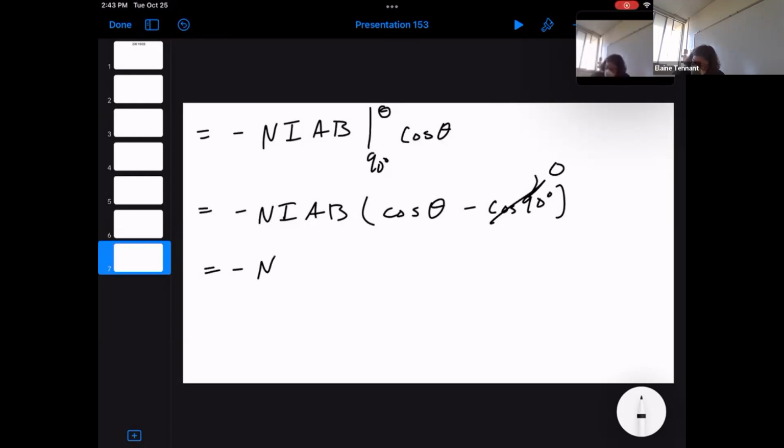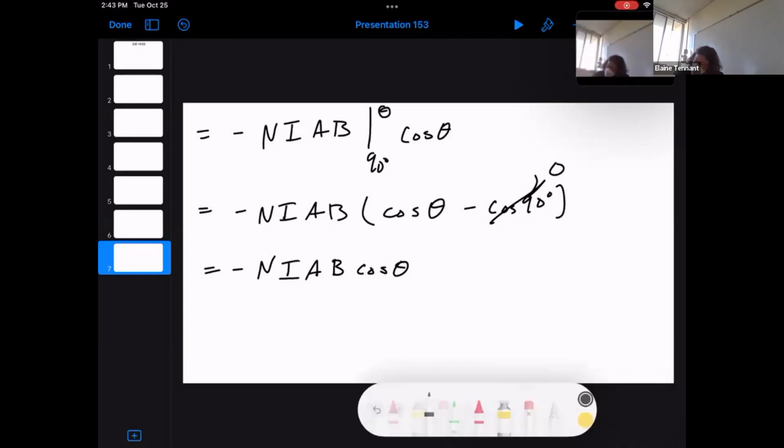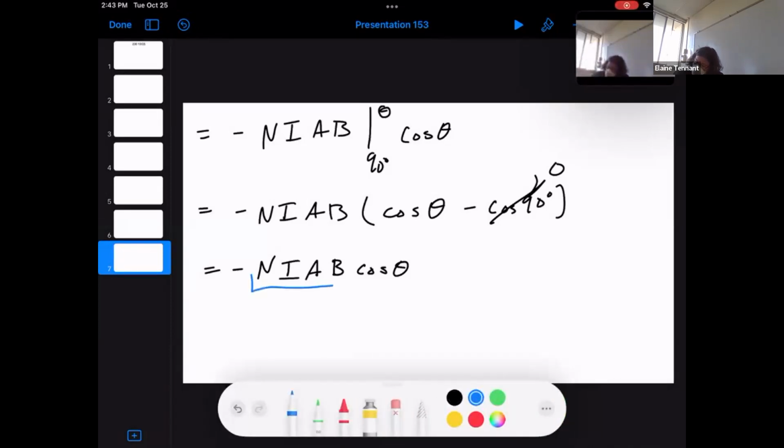So now I have negative, and I have all of this stuff here, and I have a cosine of theta. And because we have been doing cross products and dot products, I see that cosine of theta, and I want to say there's a dot product here. So I want to say something about dot products because I see this cosine. And then I notice that, okay, that is the magnetic moment. There's the magnetic field.